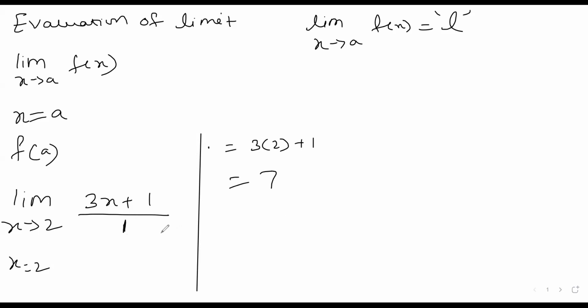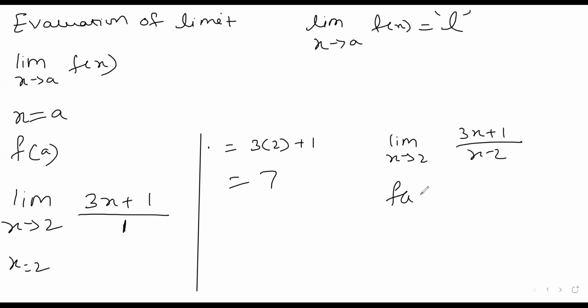लेकिन अगर यहीं पे मेरे पास कोई इस तरह का लिमिट होता, लिमिट x टेंड्स टू 2, 3x plus 1 upon x minus 2, और अगर यहाँ पे मैंने x is equals to 2 डायरेक्टली डाल दिया होता तो डिनोमिनेटर 0 होता. तो यहाँ पे मैं डायरेक्टली x is equals to 2 नहीं डालूंगी. तो मैं क्या कर सकती हूँ?